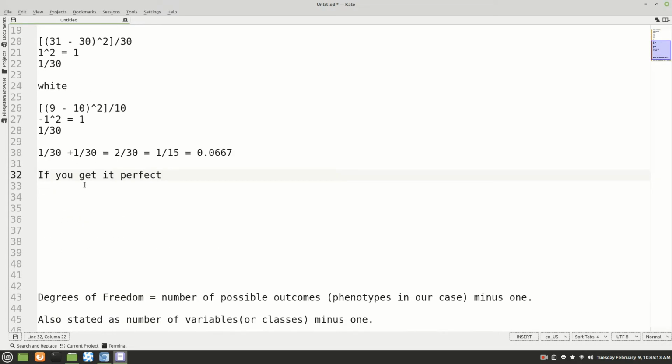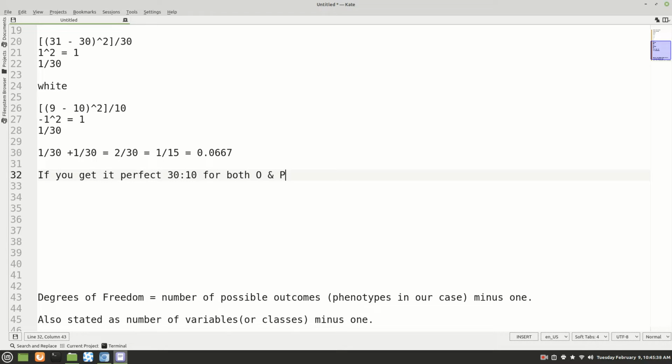Well, I'll just do it this way, 30 to 10 for both O and P. All right, if you get it perfect, that means O and P are both the same ratios. So the ratio is 3 to 1.